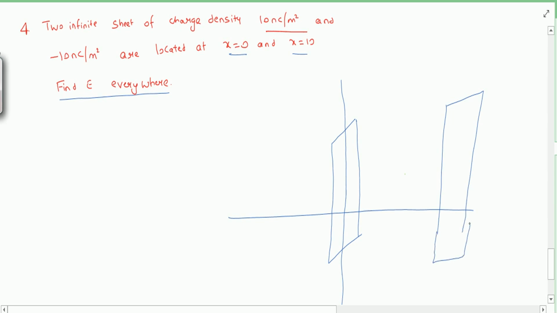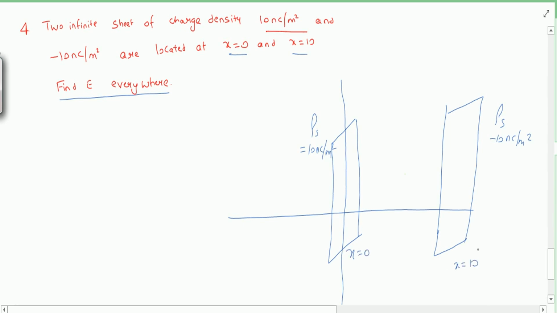They are infinite surfaces, so there is no limit to the height. The surface charge density of the first is 10 nanocoulomb per meter square, and for this one minus 10 nanocoulomb per meter square. This is at x equals 0, this is at x equals 10.